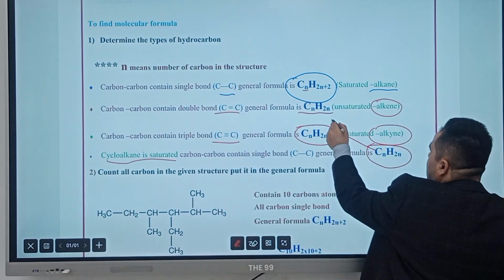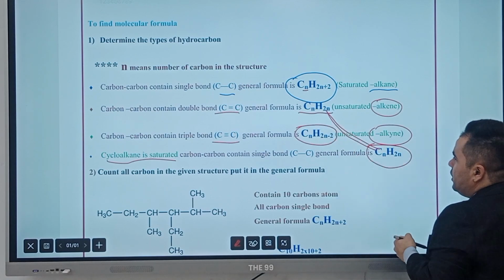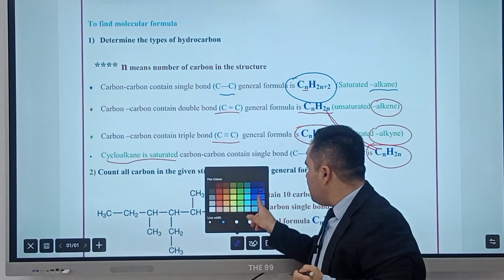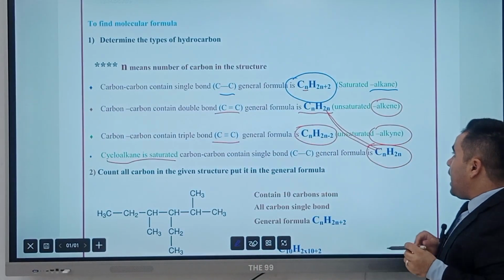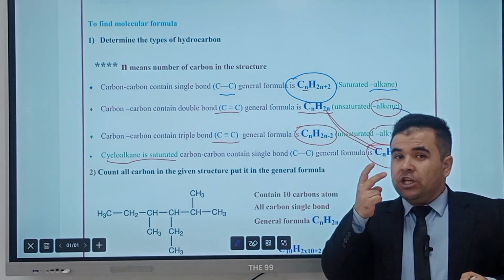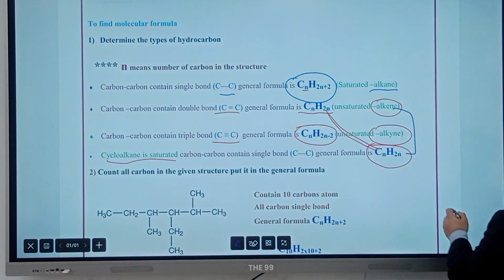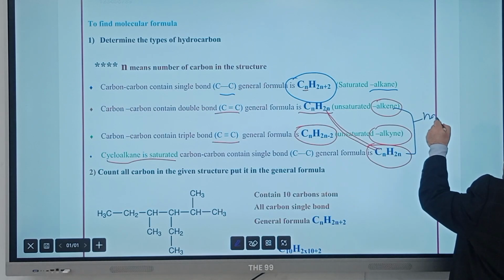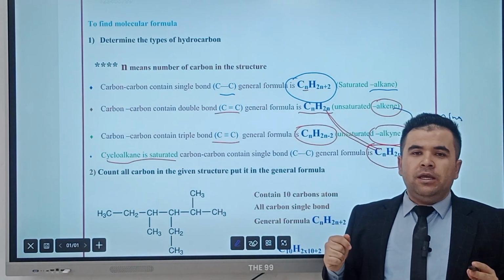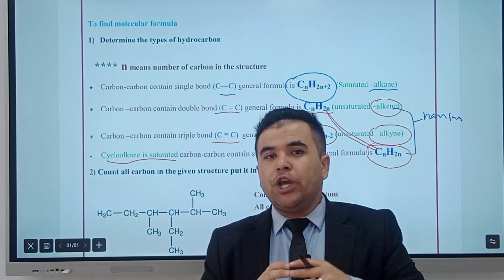CnH2n. You may ask why CnH2n here and CnH2n for the alkene. The alkene with a double bond and the cycloalkane have the same formula, that's true. But we can differentiate between them in two ways. The first is by naming. The naming of alkene ends with -ene, and we name according to the chain.